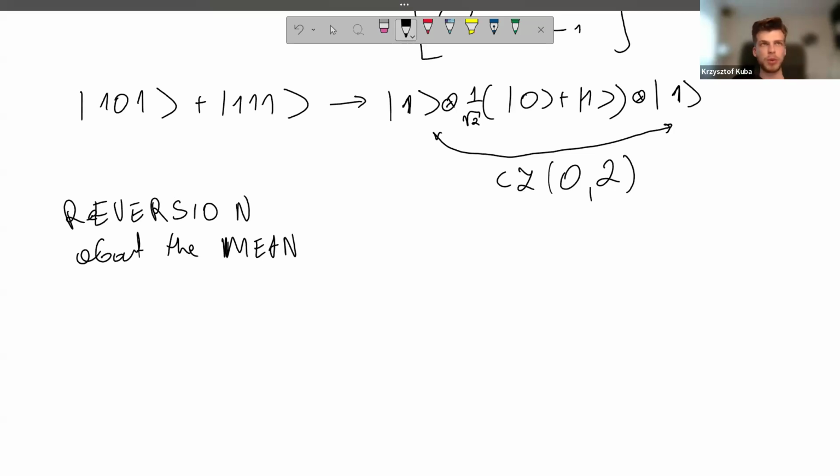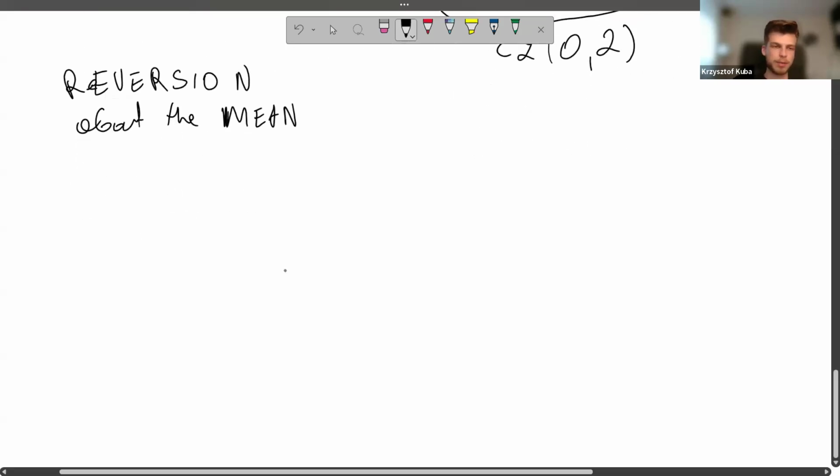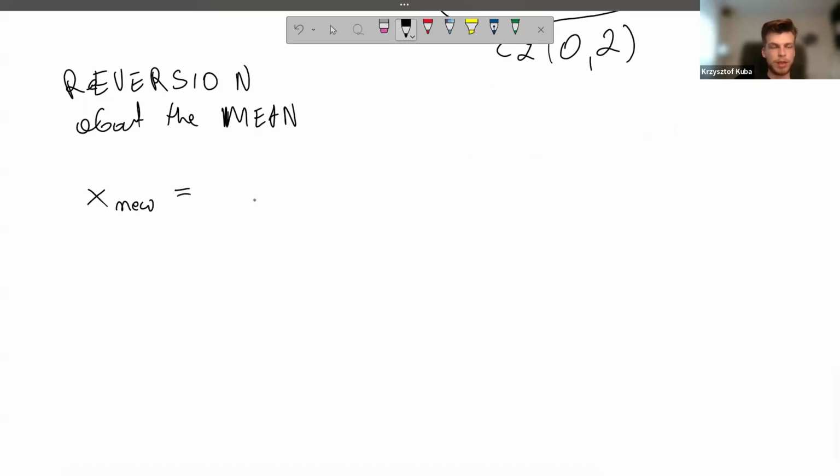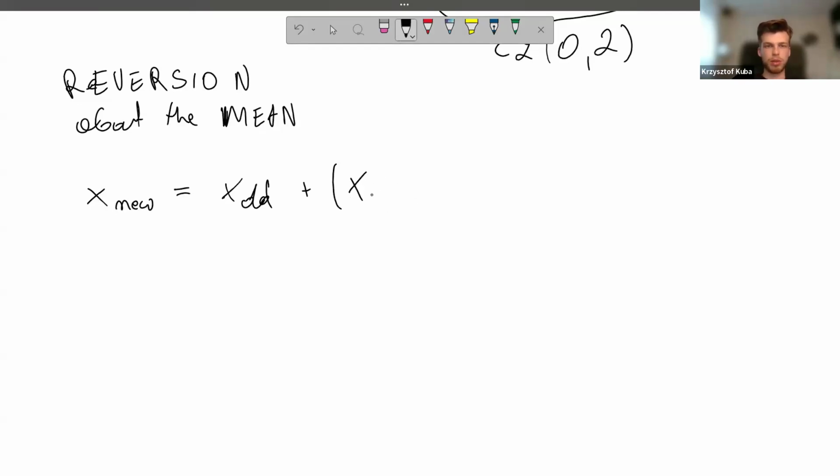And if you try to do this first classically, then from a scalar perspective, we can say that x new should be equal to x old plus, let's say, 2 minus mu, or no, it should be x old minus mu.